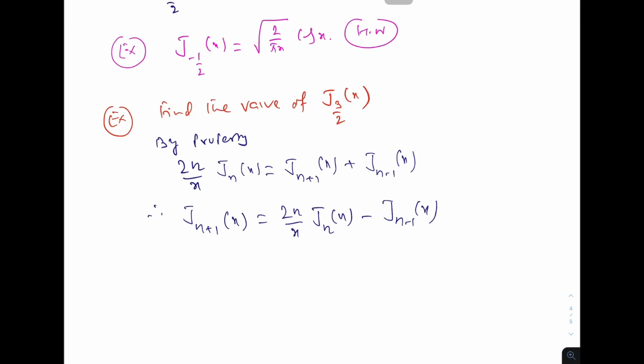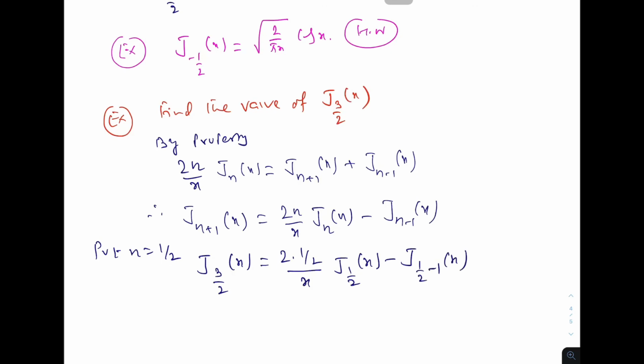Now we want j 3 by 2 x. So for j 3 by 2 x, let us put n equal to 1 by 2. If I put n equal to 1 by 2, this is j 3 by 2 x. This is 2 into 1 by 2 by x, j 1 by 2 x, minus j 1 by 2 minus 1 x.